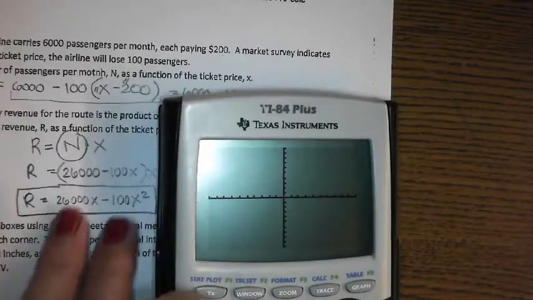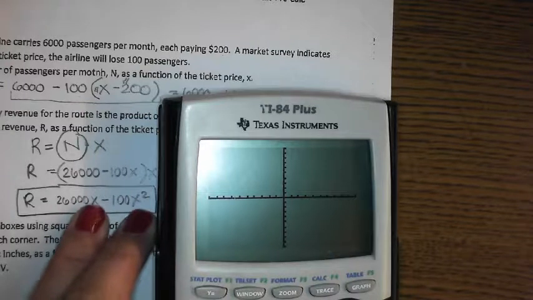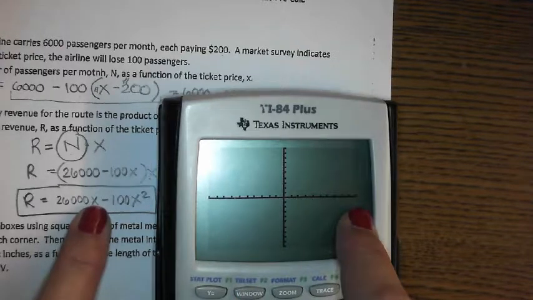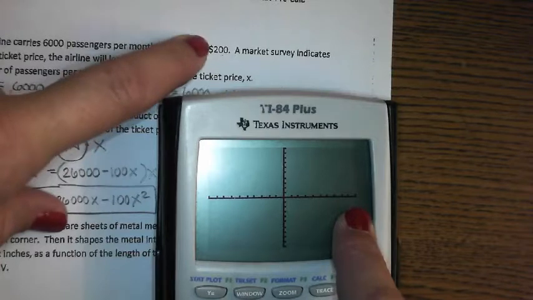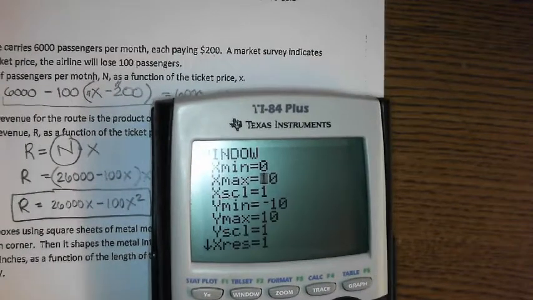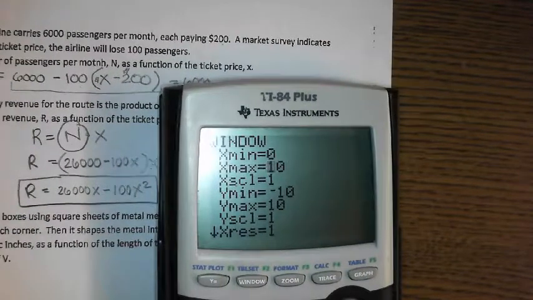So what does X stand for again? Ticket price. Right now I'm seeing negative $10 to $10. Is that logical for ticket price on an airplane? No. We're starting at $200. So ticket prices would, a realistic domain would be 0 to 300 bucks, maybe.